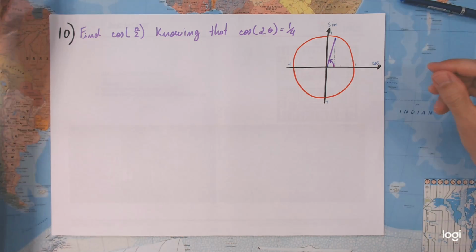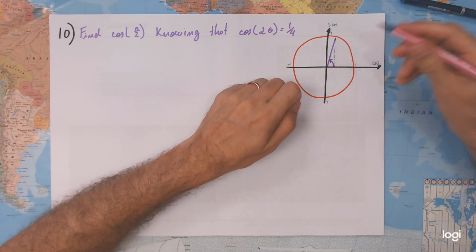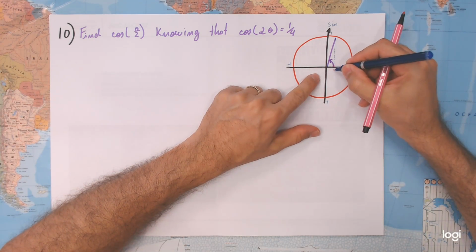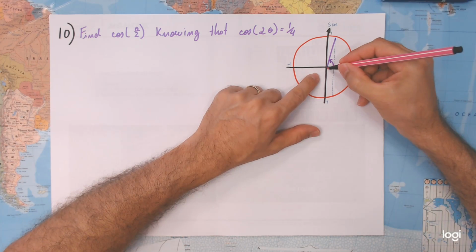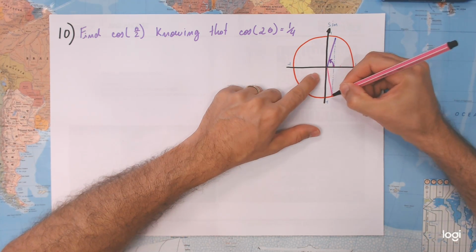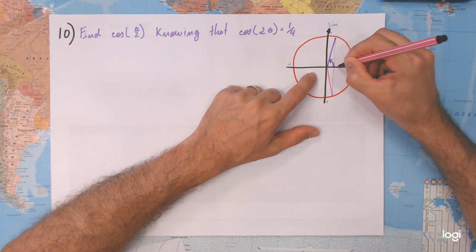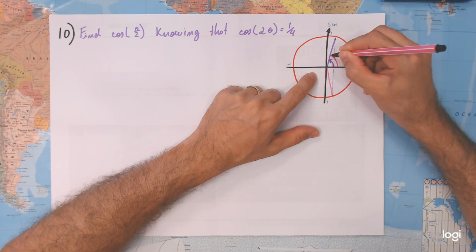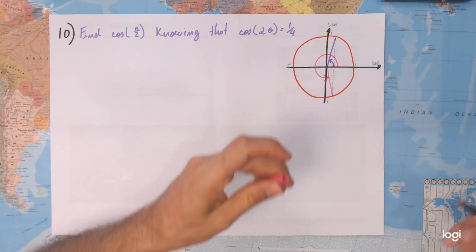And we have another possible angle, let's make it in this color, because if you just go downwards, this other angle is going to start in here and go all the way, stop in here.